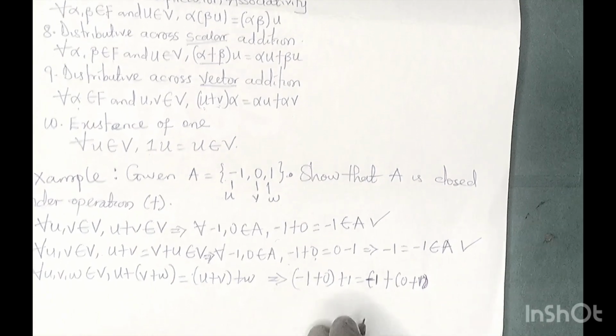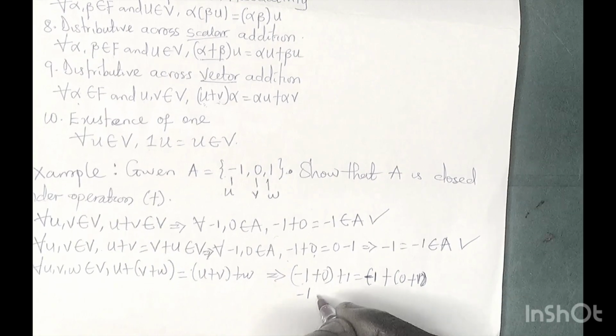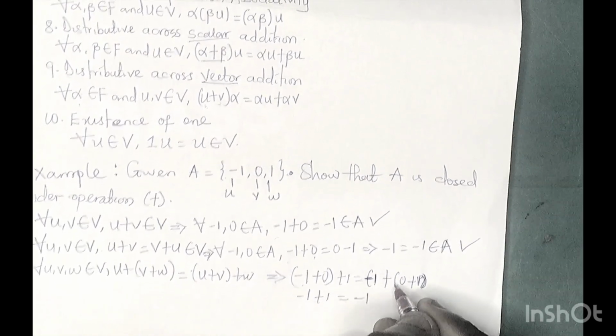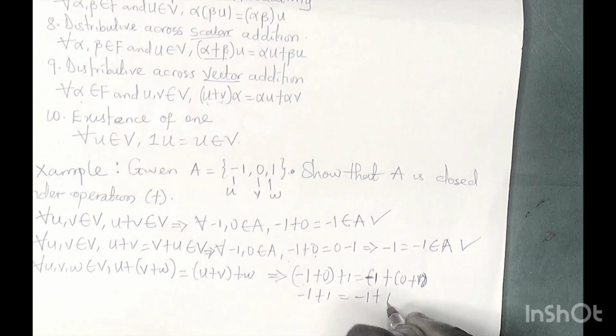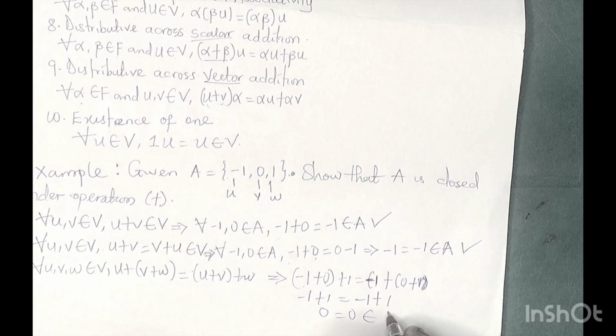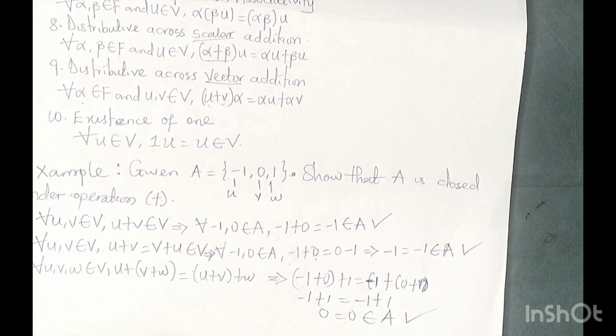So let's check that. That will give us minus 1 plus 0 is minus 1, plus 1. And that's the same thing. This is minus 1. 0 plus 1 will give me 1, and this is giving us 0 equal to 0. And you know that 0 is still in my A. Satisfied. Are you seeing that now?